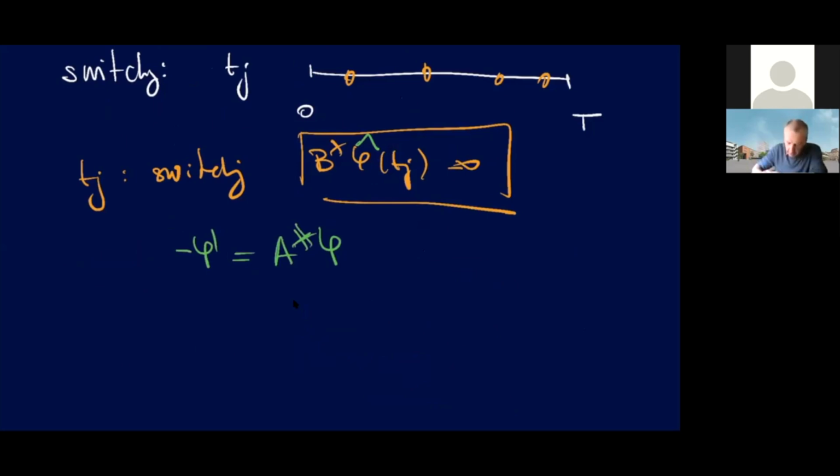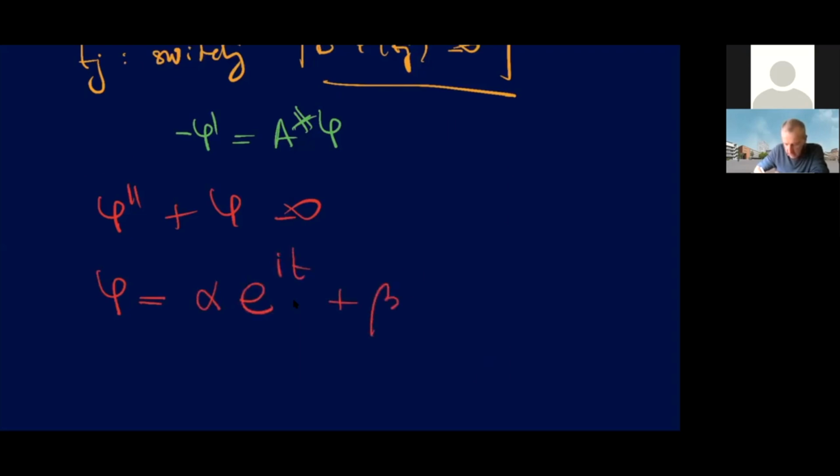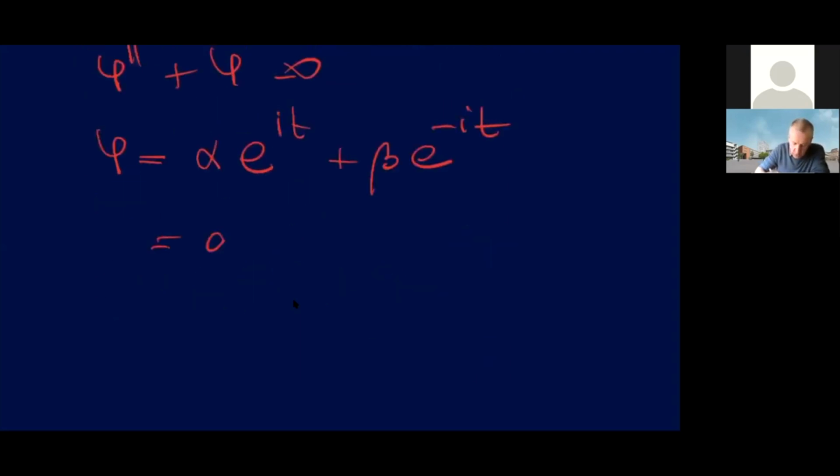So you can think, for instance, of the particular case of the harmonic oscillator where phi is just this. And then phi is just a linear combination of exponential of it plus beta exponential of minus it. Or if you want, you can write it as cosine t plus b sine t.